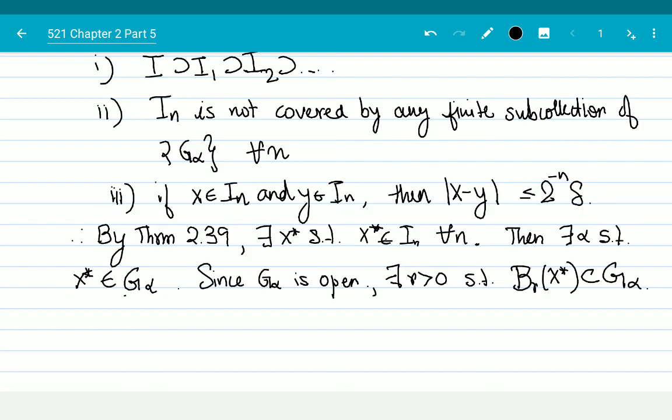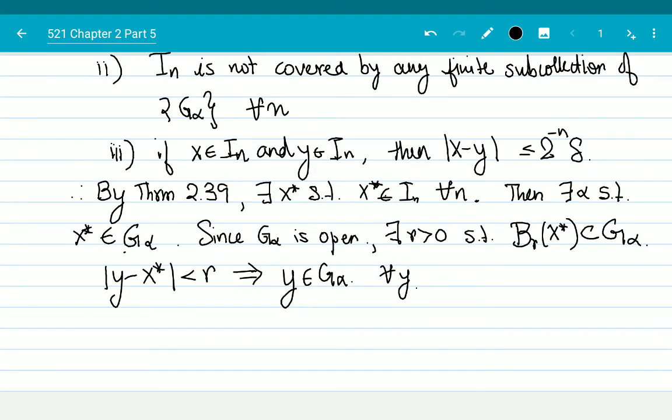This implies in particular that the norm of y minus x star smaller than r implies y belongs to G alpha for every y, right? In your big space.